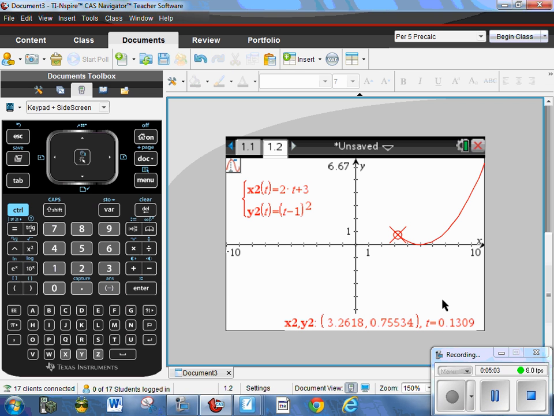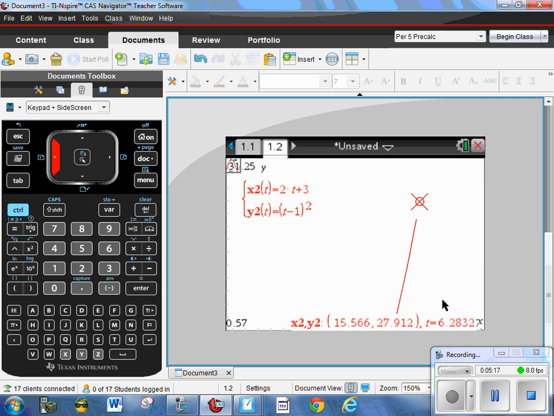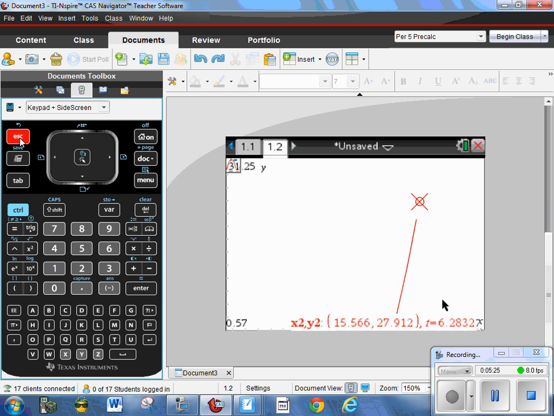Notice that if I type in 0 for t, that starts the first point. And if I trace, it's tracing values for t. But what if I went backwards? Okay, it's not going to let me do that at all. It's going to jump to something else completely different.